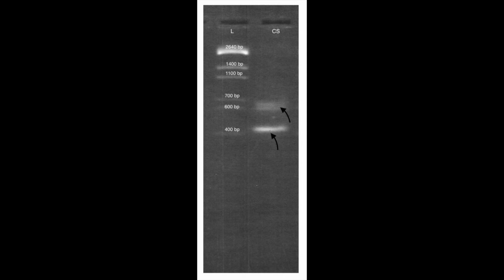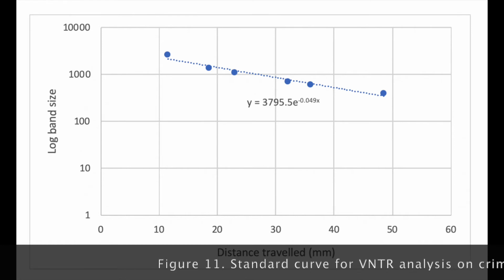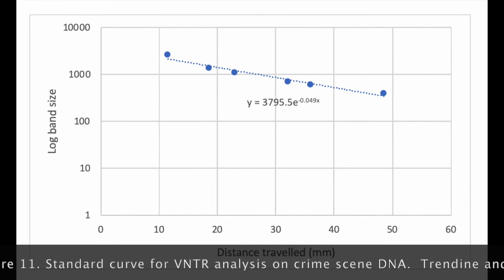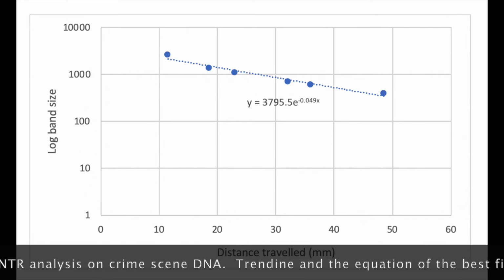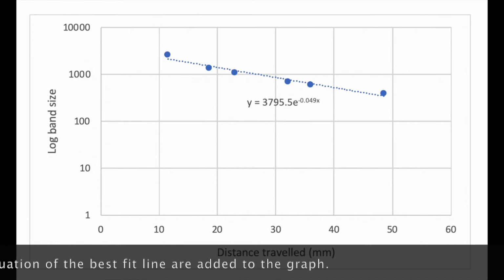Using the same techniques seen in RFLP analysis, the distance that each band in the ladder migrated was calculated in millimeters, and then a graph of log band size versus distance traveled in millimeters was created. Once again, the equation of a line created from this graph was used to determine the fragment size of the unknown bands within the agarose gel.